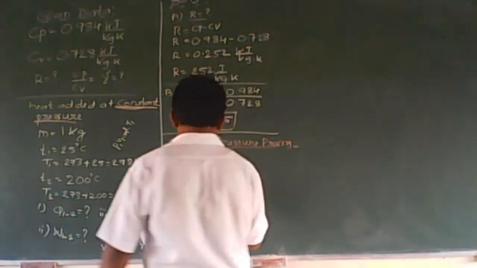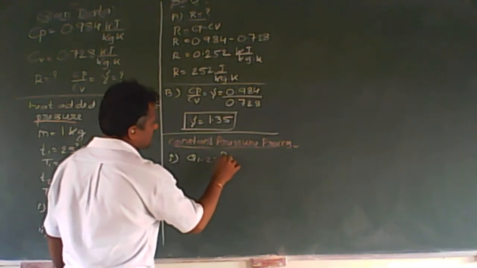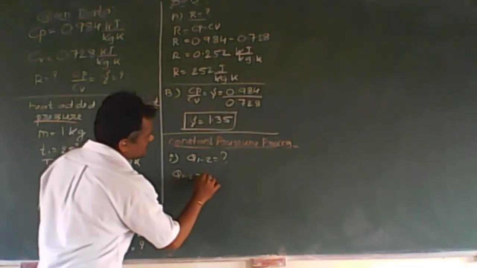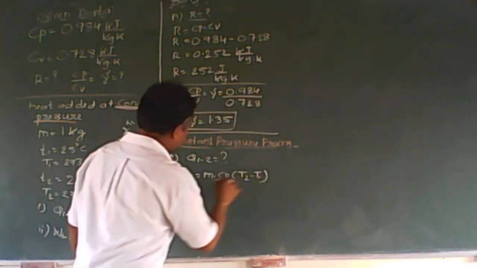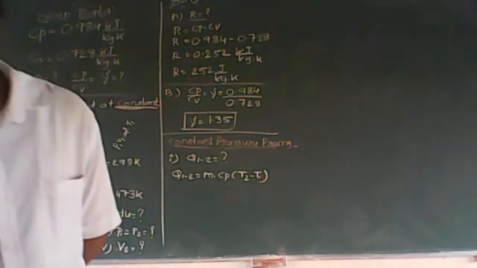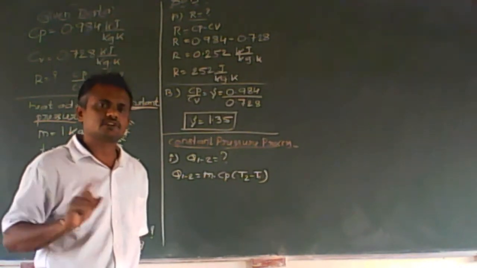So first, heat supplied is unknown to me, correct? What is the expression for heat supplied? In a constant pressure process, Q12 is equal to m Cp into (T2 minus T1). This is a standard equation which you have to remember for the constant pressure process.